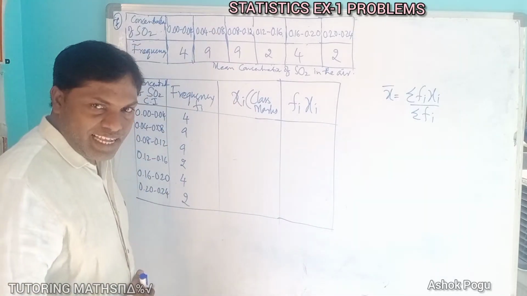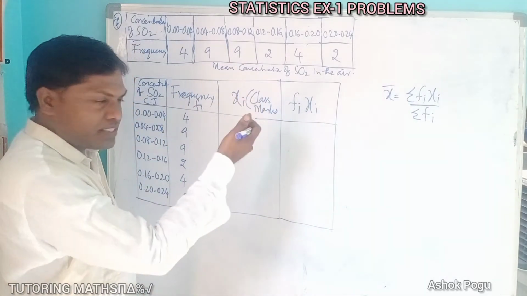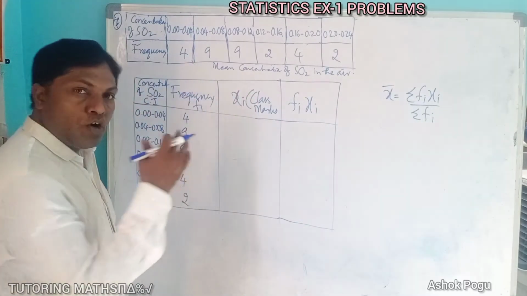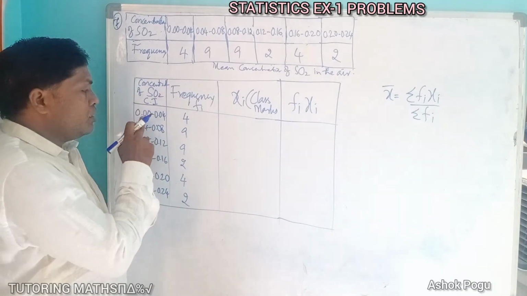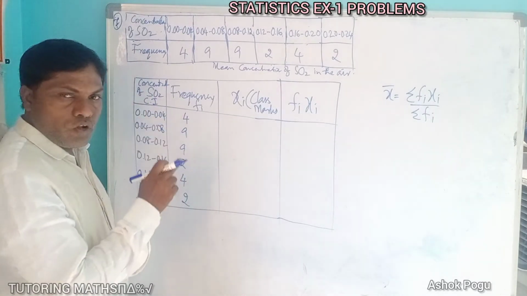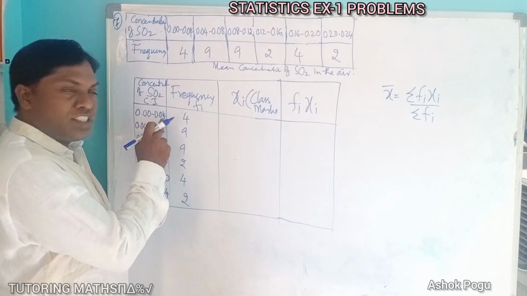How do we find the class marks, which is called the mid value, of a particular class? Here the first class is 0.00 to 0.04. These are the two limits, lower limit and upper limit.